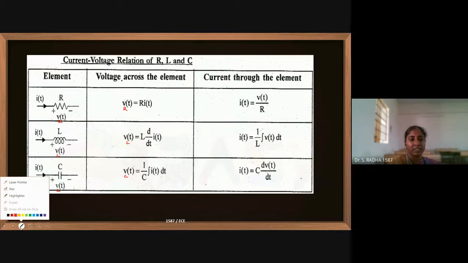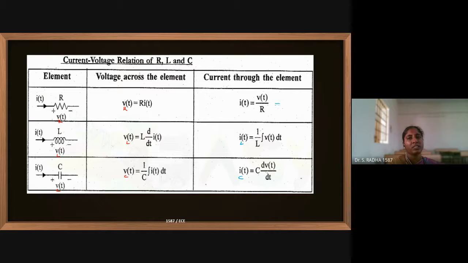Now we are writing the KCL equation. Everywhere current is there. The current in the inductor is given by 1 by L integration V dt. The current in a capacitor is given by C into dV by dt. The current in a resistor is given by 1 by R into voltage.